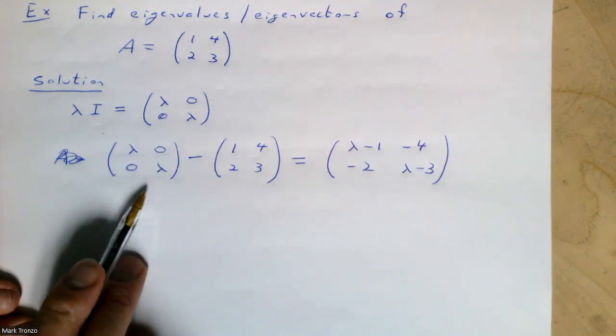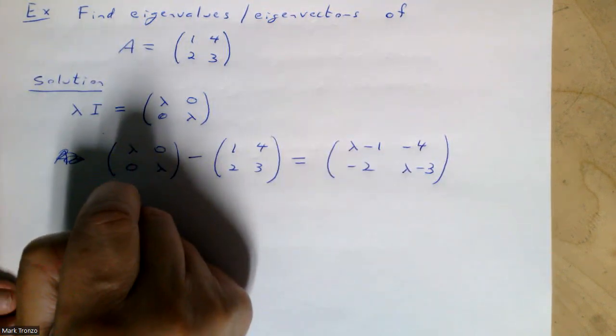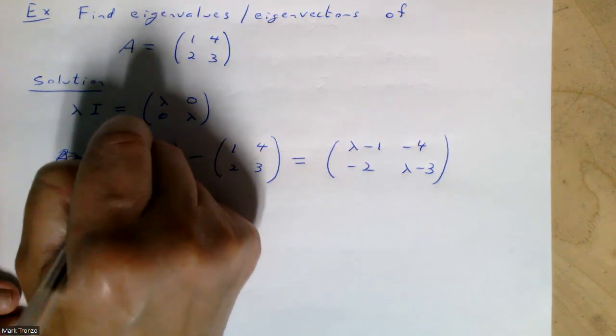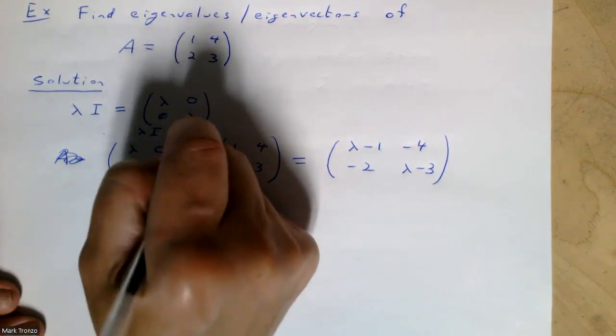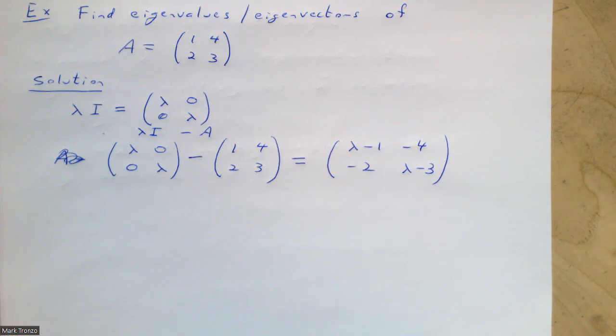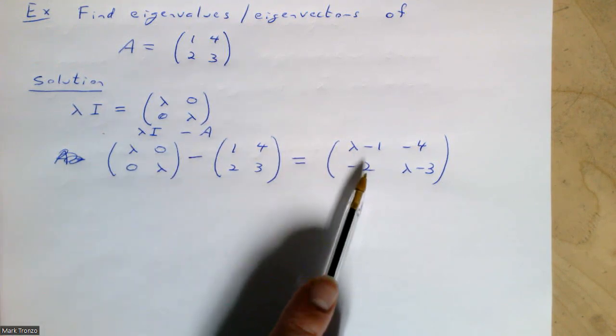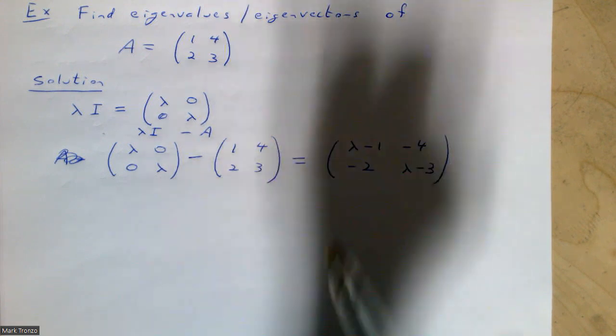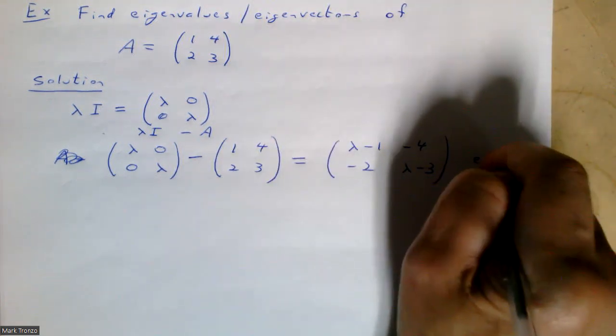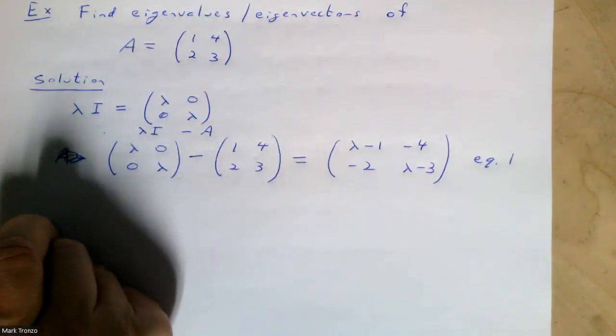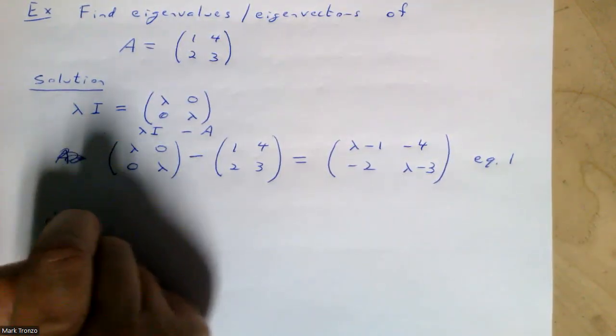All I did here was basically lambda I minus the matrix A. So we'll do that. And now find the determinant of this. Let me call this equation 1. And let's find the determinant.